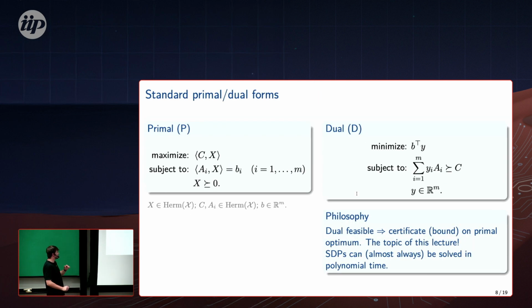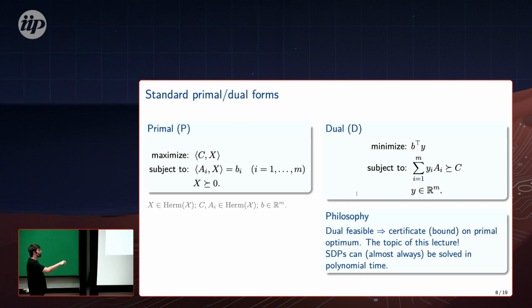They actually have many standard forms. This is just one of them. But SDPs are optimization problems of the following form. You're given some matrix C. Okay, this guy is Hermitian, the A_i are as well. And we want to optimize this, which is just the trace of C and X, okay? And we have these constraints over here, namely that the trace of A_i and X equals some b_i.